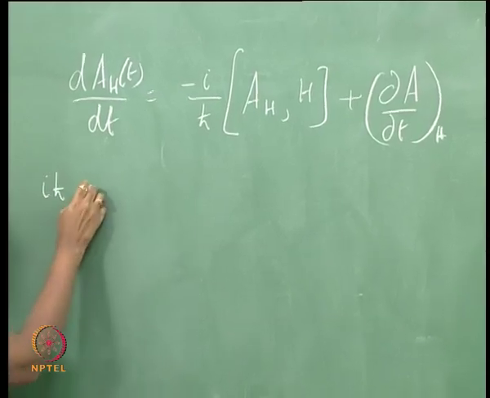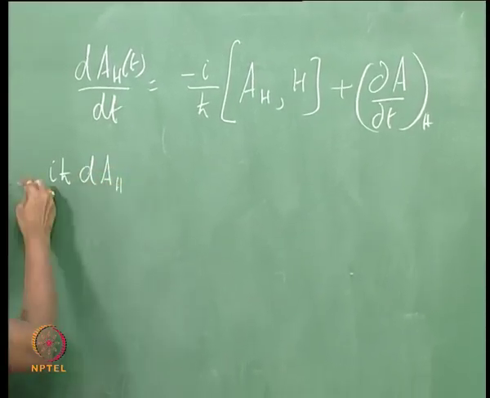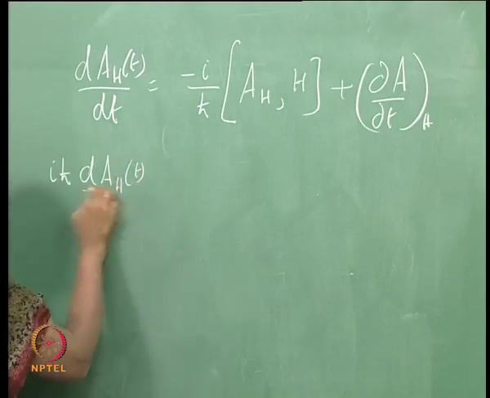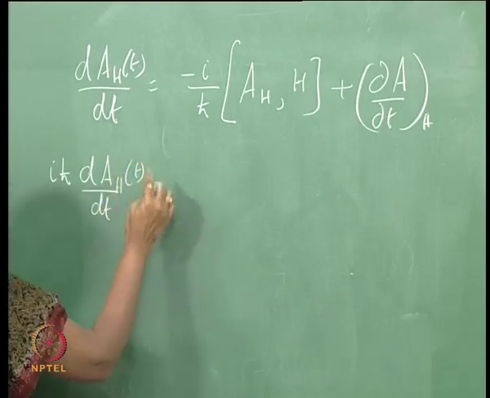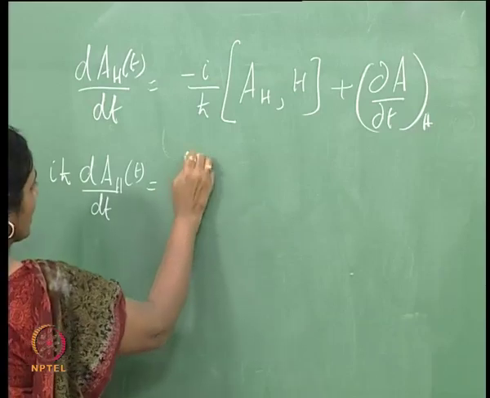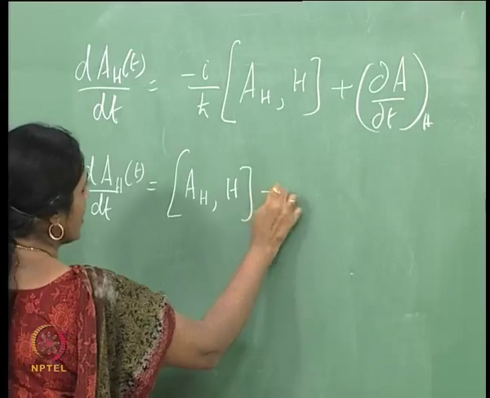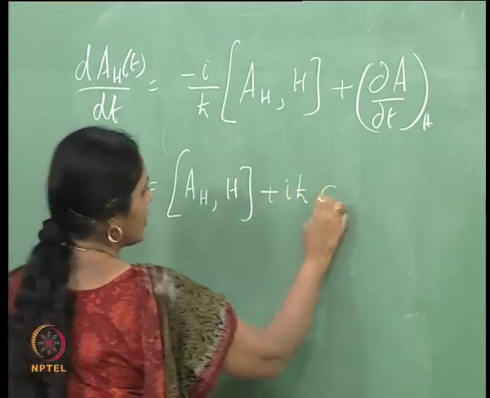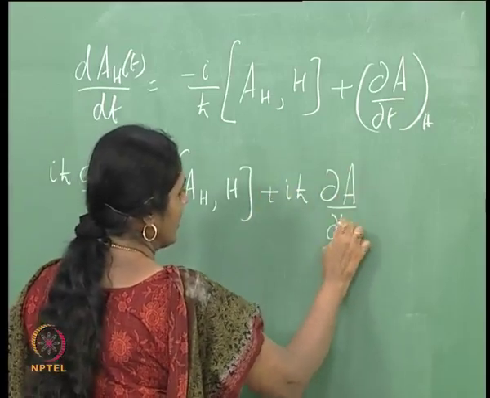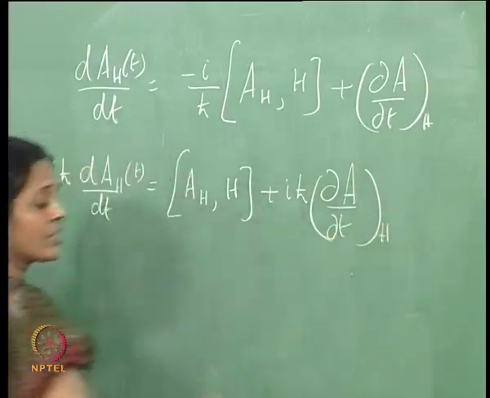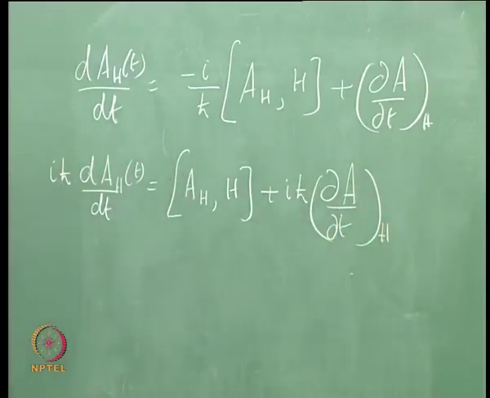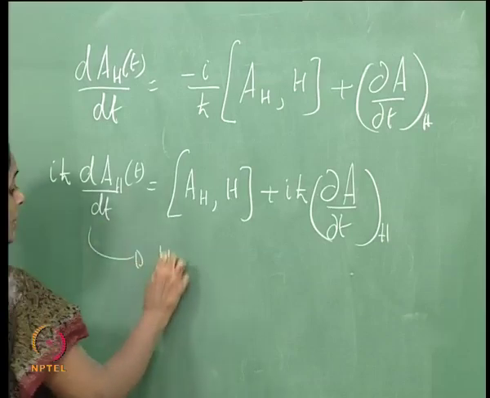In tune with the Schrodinger equation, let us work with i h cross dA_H by dt. This object is simply the commutator of A_H with H plus i h cross delta A by delta t in the Heisenberg picture. Now, this is called the Heisenberg equation of motion.